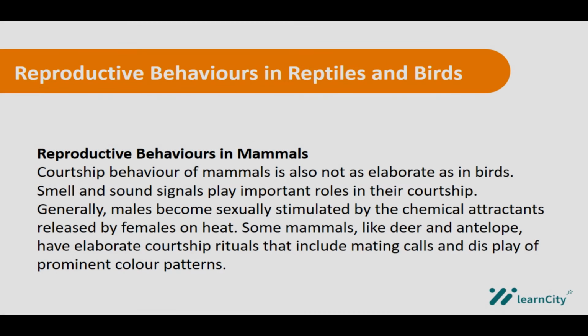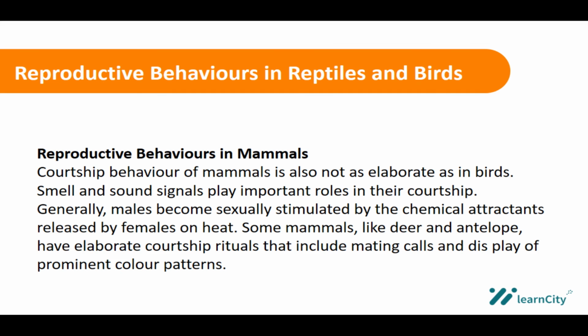Also, the courtship behavior of mammals is not as elaborate as that of birds. Smell and sound signals play an important role in their courtship. Generally, males become sexually stimulated by the chemical attractants released by the females.